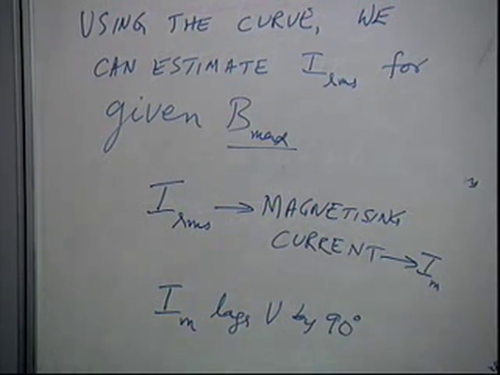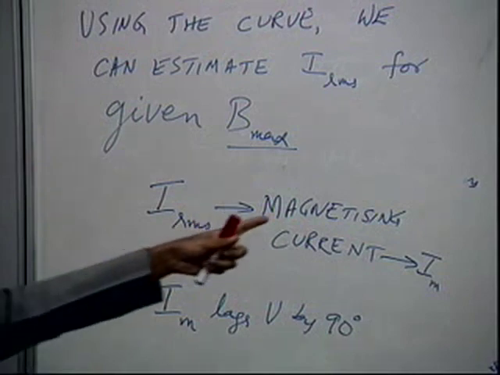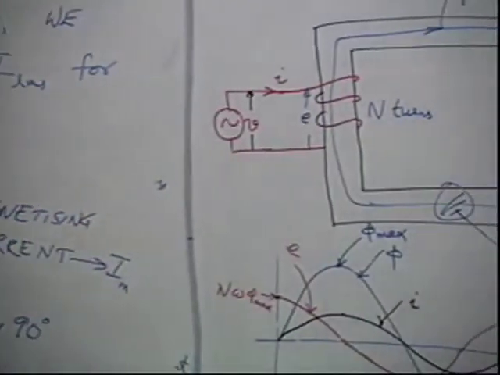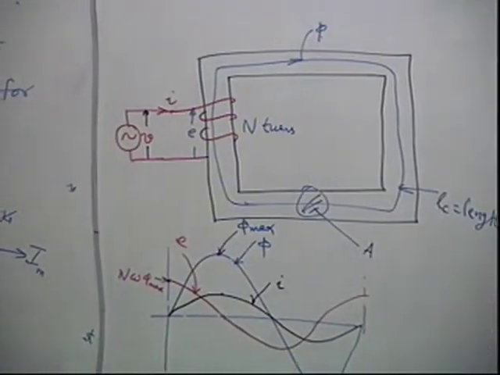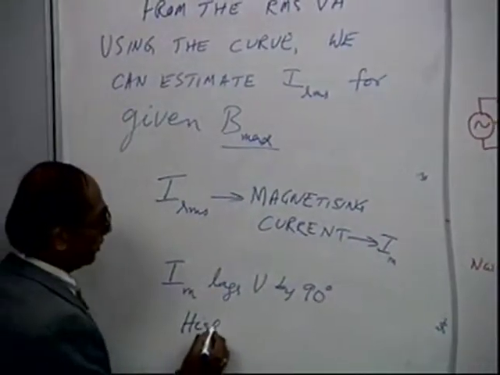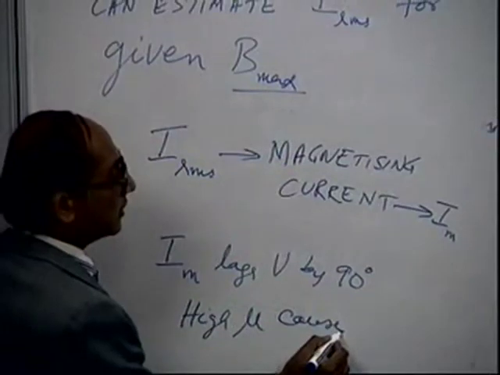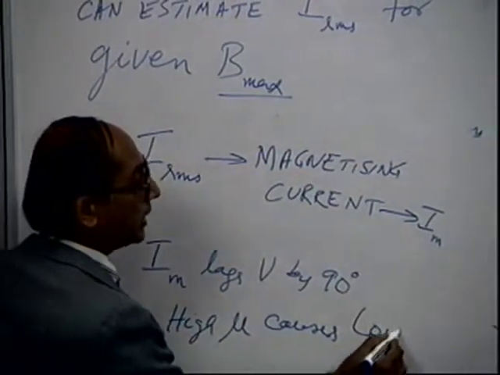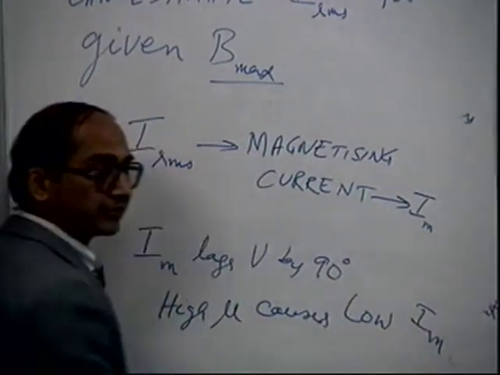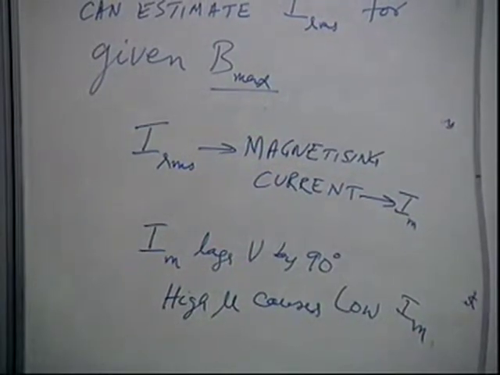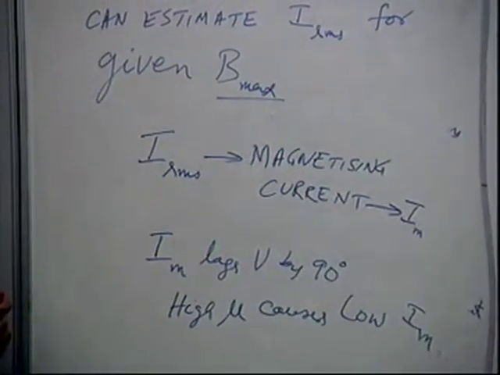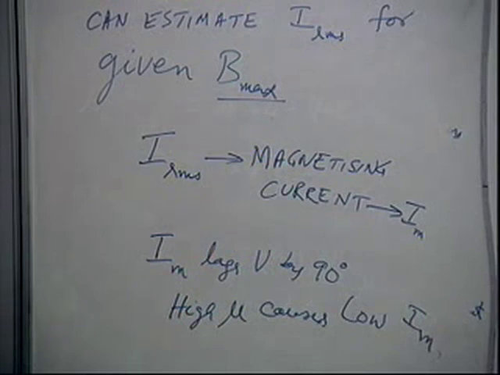If it is a very good material, if mu is very high, then IM is low. So note down that high mu causes low IM, right? If you make a non-magnetic material, it will draw more current.